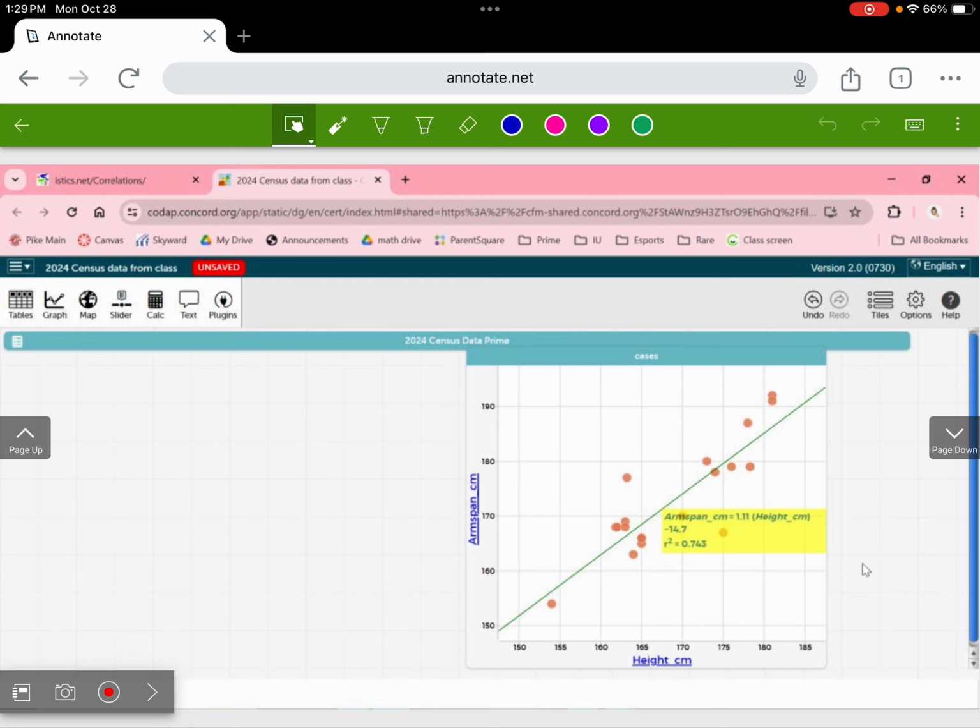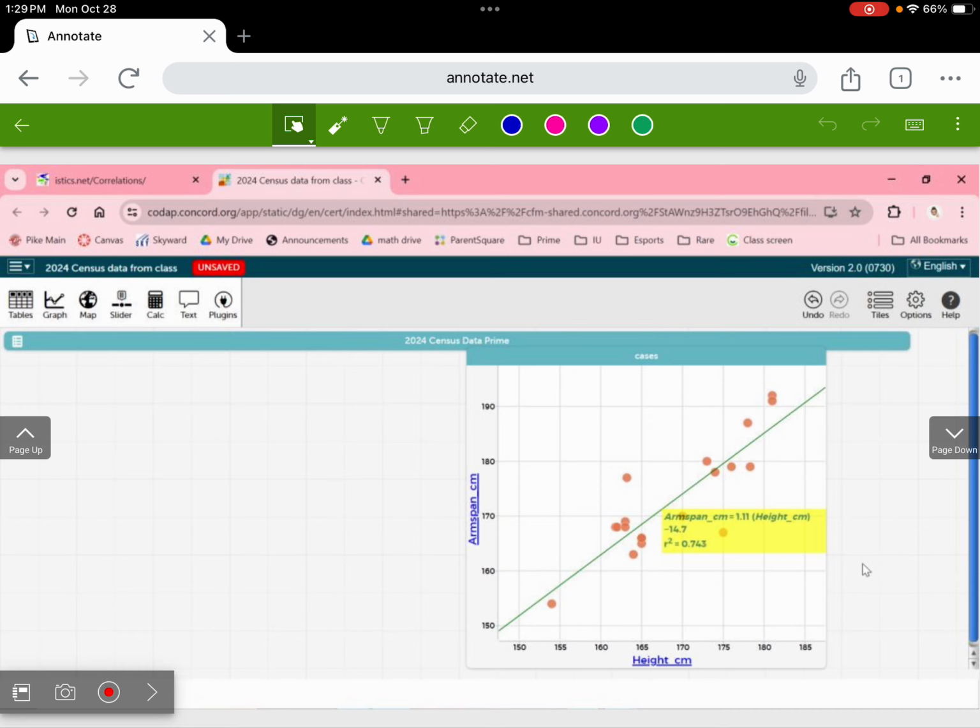All right. So in CodeApp, it'll give us the bestest of best fit lines. It gives us the equation for us, and then it gives us R squared. So it's not exactly the R value. It's close, kind of similar.